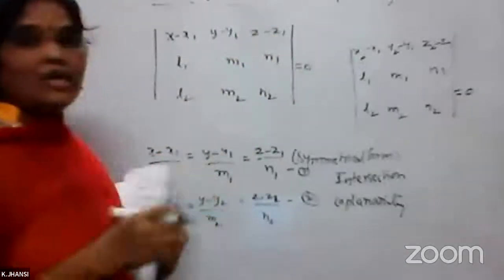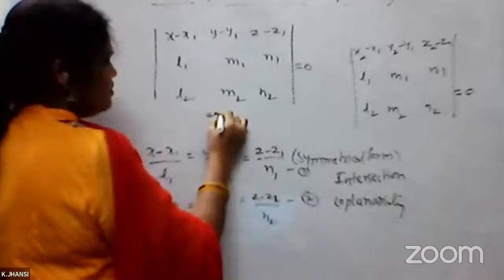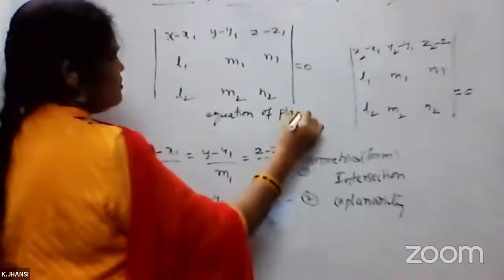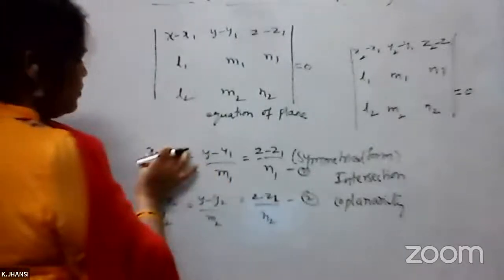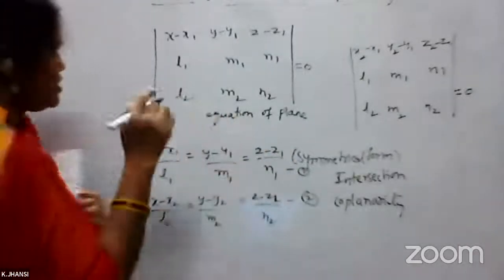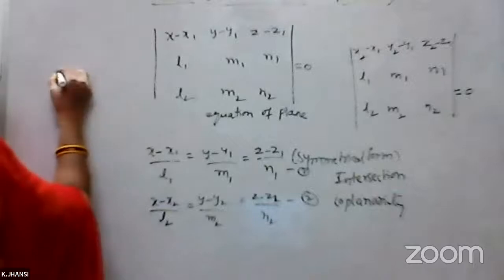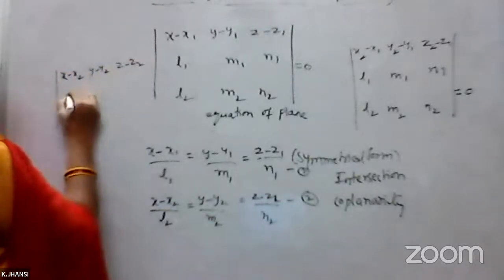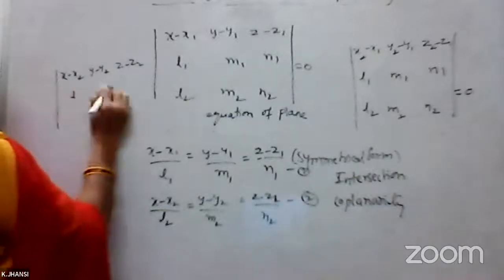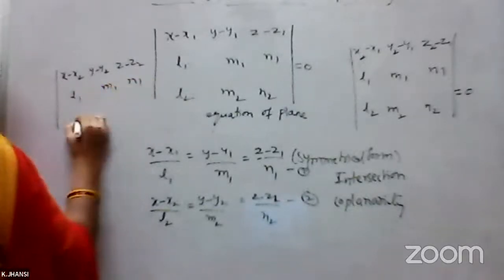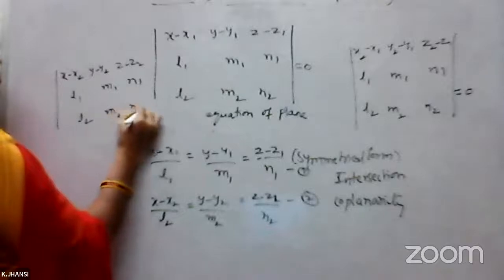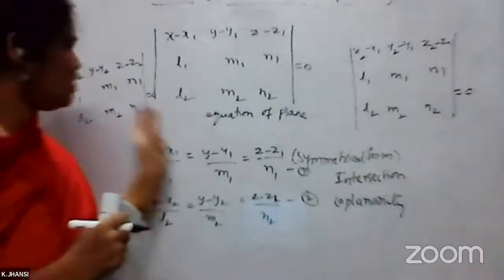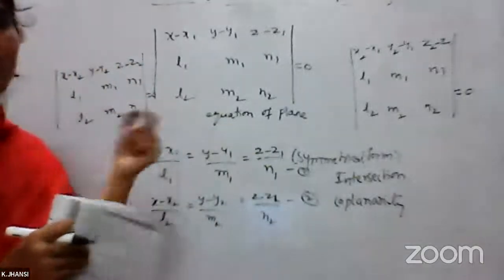So then you will get the equation of the plane. If one equation is needed, you can take the first line equation. To find the second equation, take x minus x2, y minus y2, z minus z2, L1, M1, N1, L2, M2, N2, equate it to 0 and find the determinant, and you will get two equations of planes.